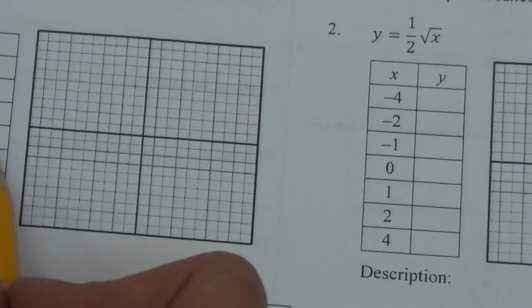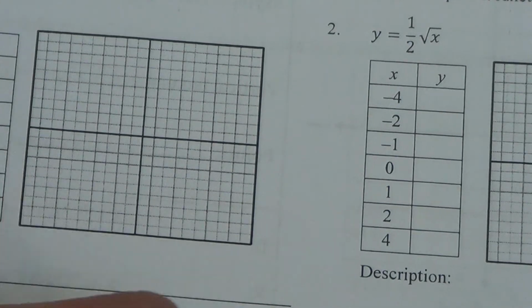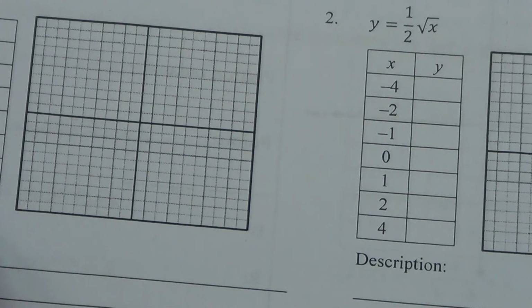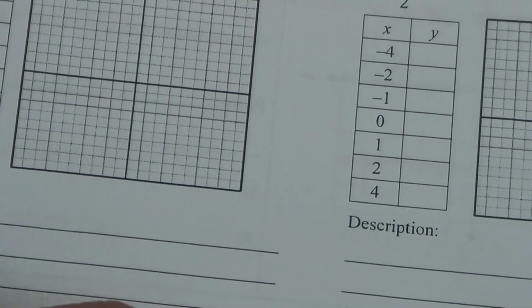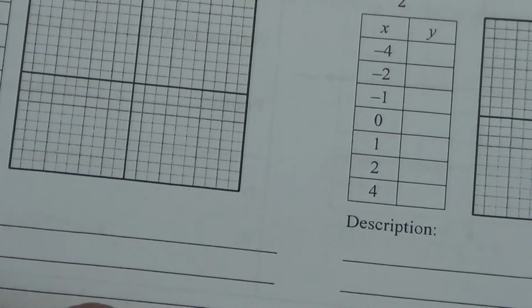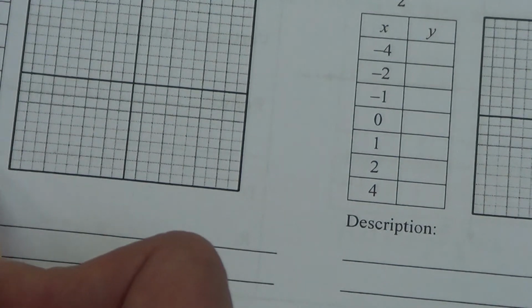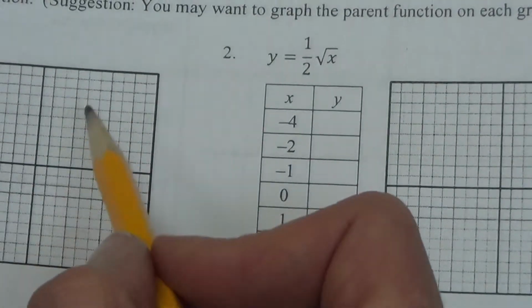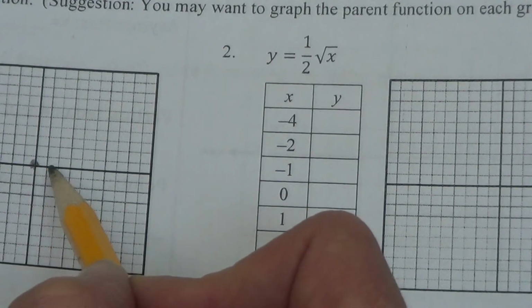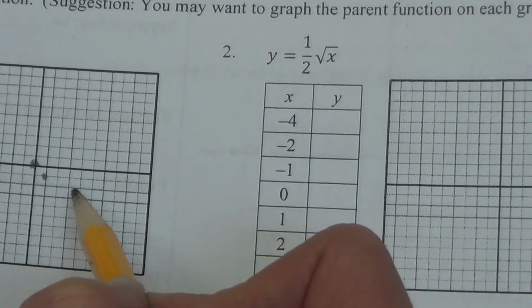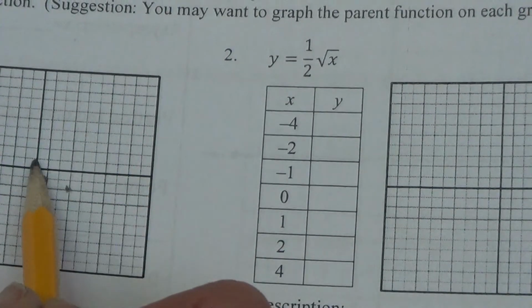Now bring in the negative, so it's a -1. Square root of 2, we'd have to go to a calculator, which you may not have handy. Let's go on to 4. Square root of 4 is 2, bring in the negative, -2. So now we plot these: (0, 0), (1, -1), and (4, -2).